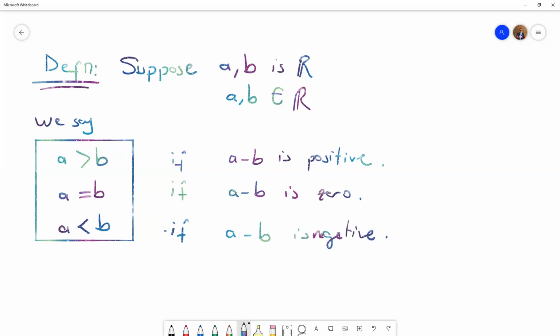These are the results of these things. If A minus B is 0, we get A is equal to B, and if A minus B is positive, this means A is bigger than B, and the other one like that, A is smaller than B.